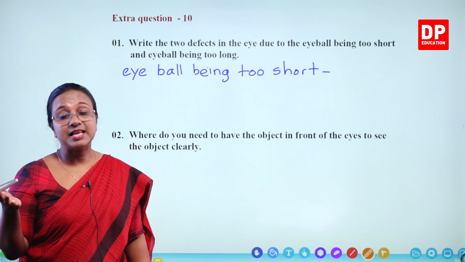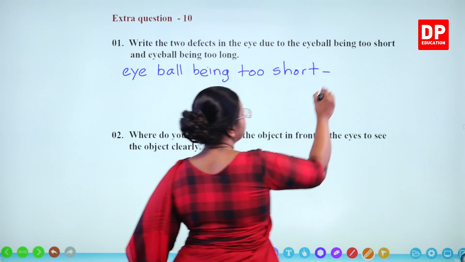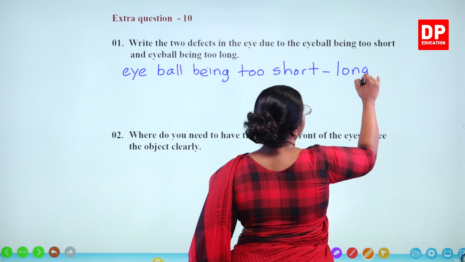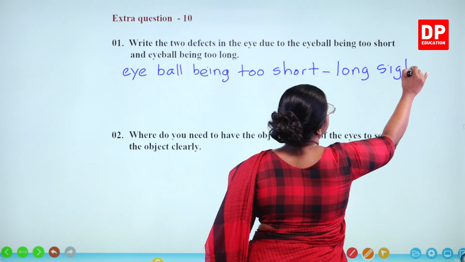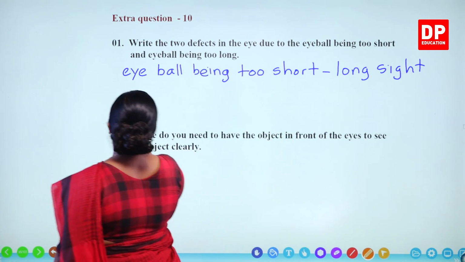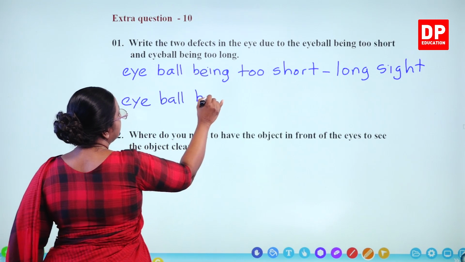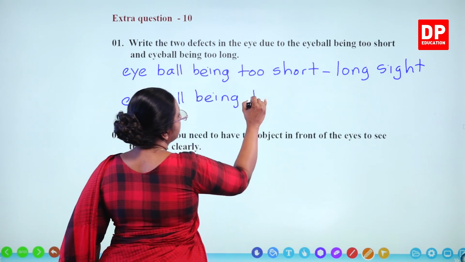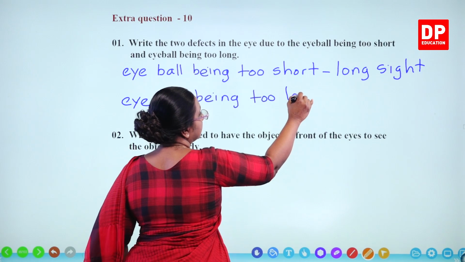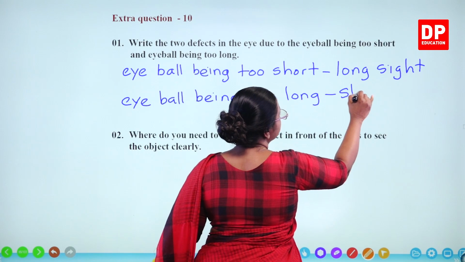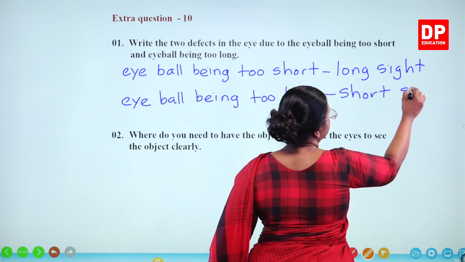That means the person has long sight. And if the eyeball is too long, so it has to be short sight.